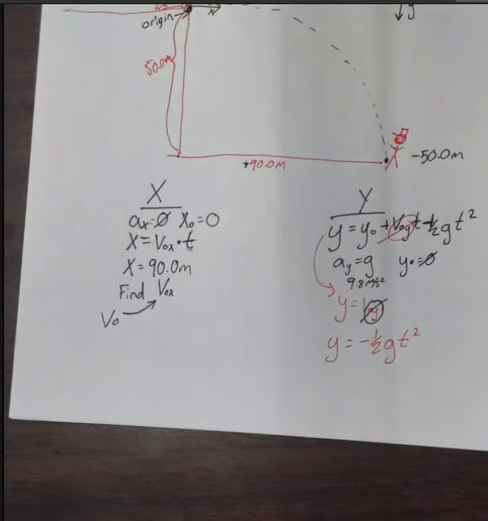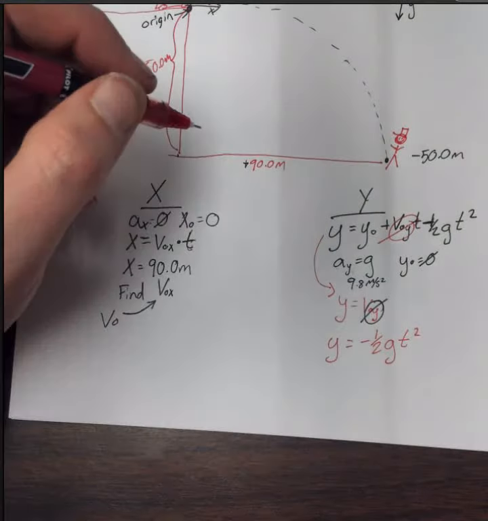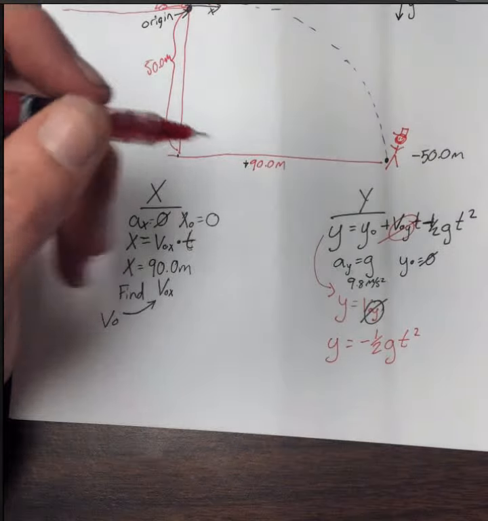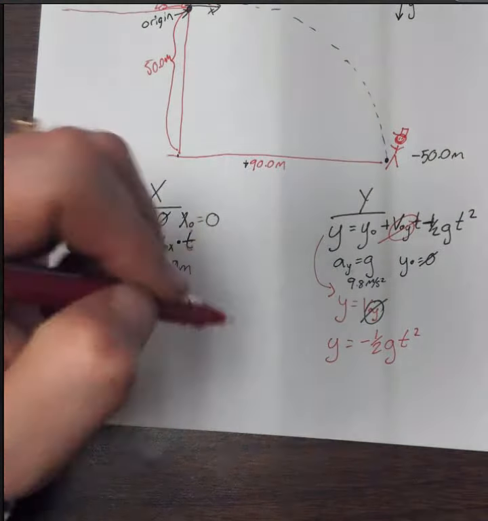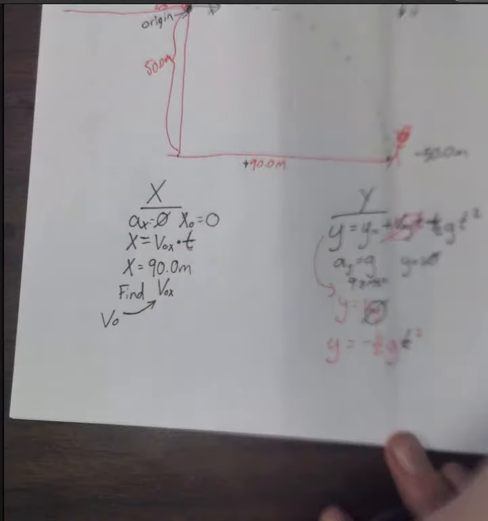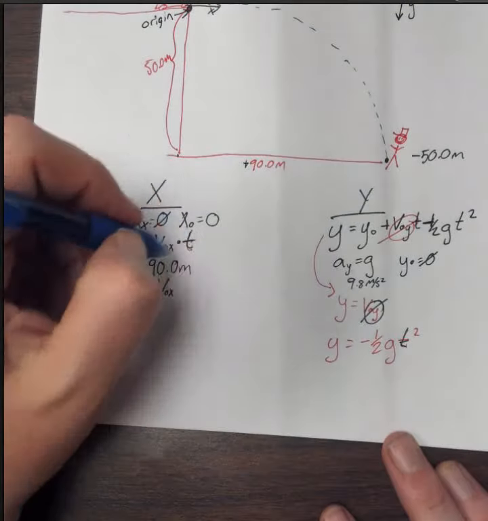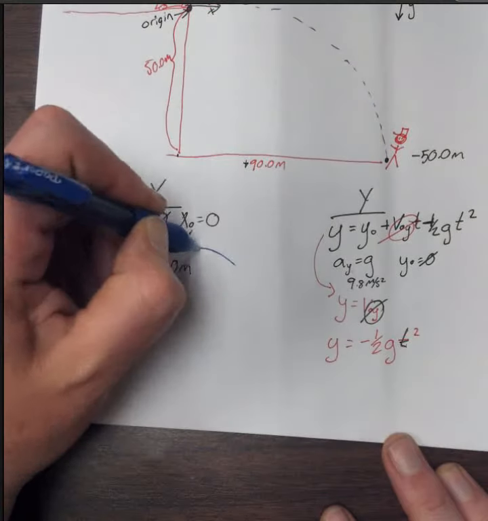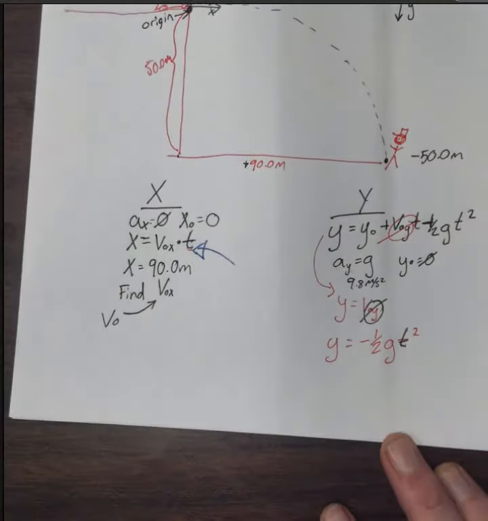Alright, so now, why do we need to know this? Well, because the y pilot says we're going down! And that means that the y pilot decides this time right here, which the x pilot needs to know, because the x pilot needs to know how long it is going to have to drive that 90 meters.